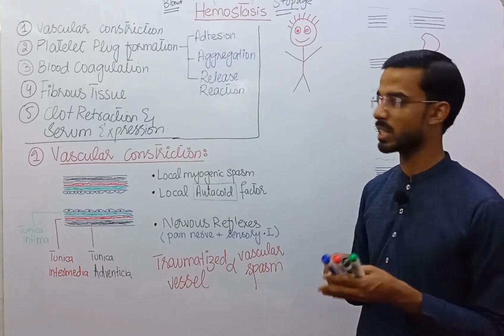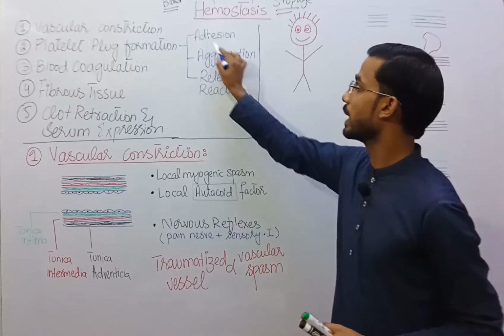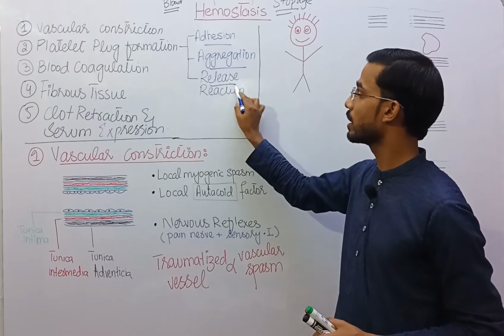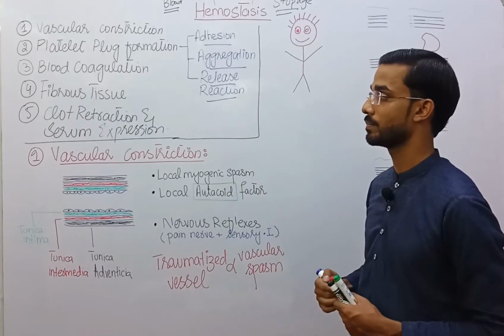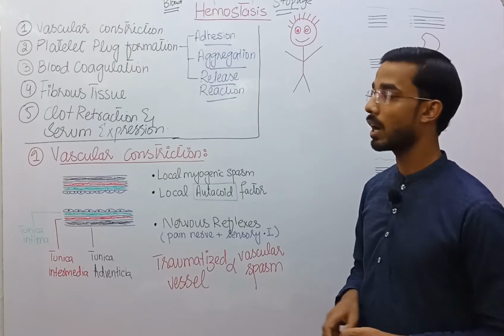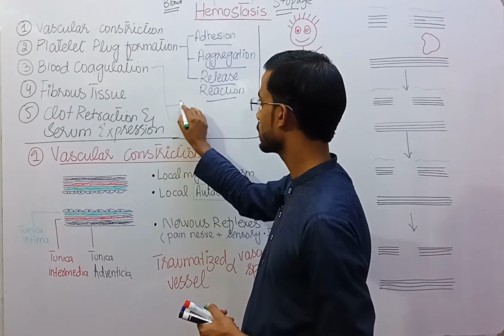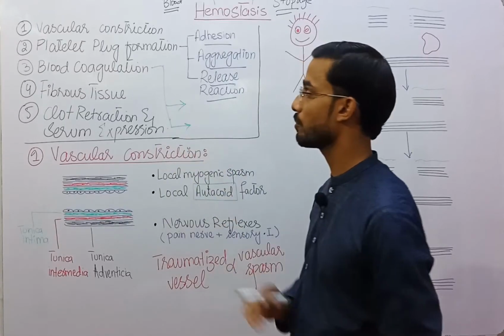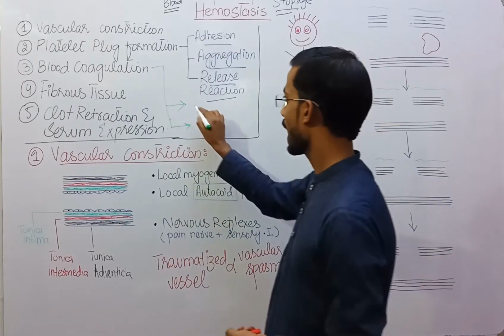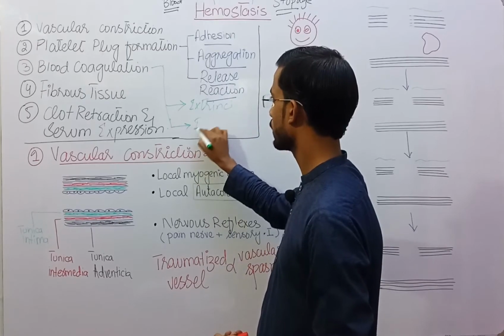There are different processes involved in the platelet plug, like adhesion, aggregation, and release reaction. And then blood coagulation factors are involved. There are two pathways by which blood coagulation factors activate: extrinsic or intrinsic.